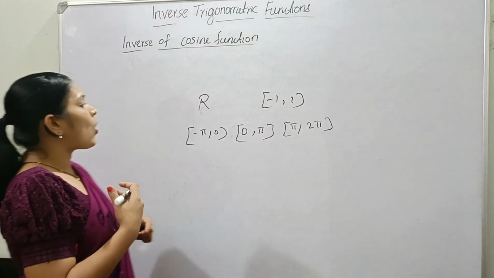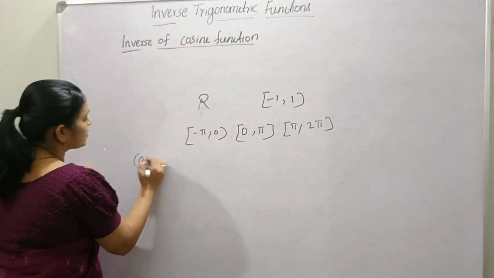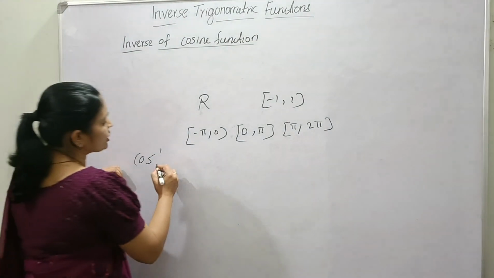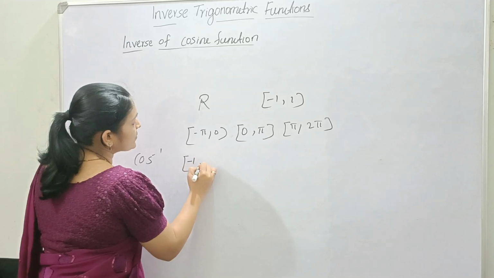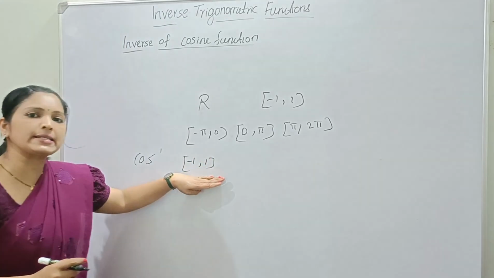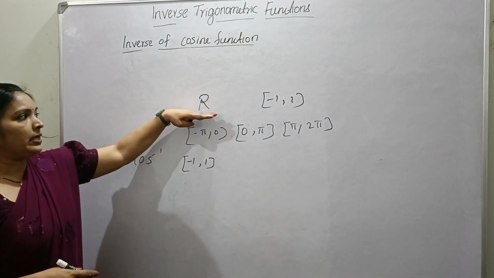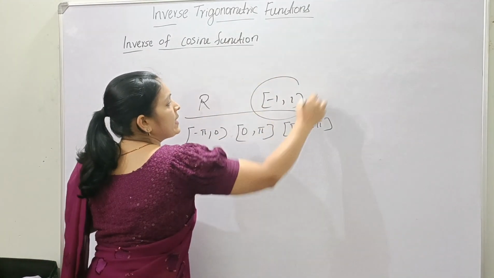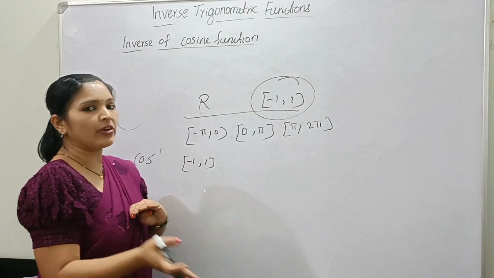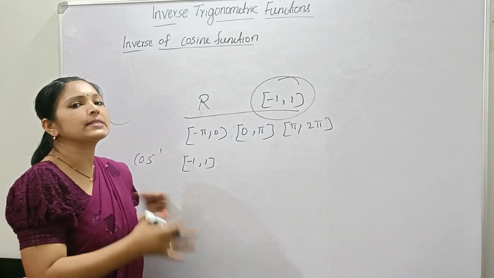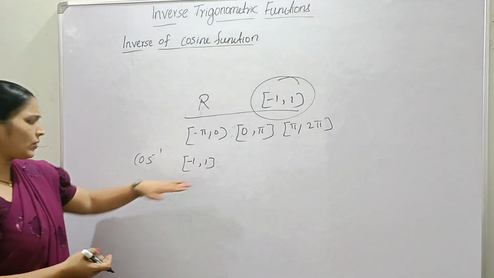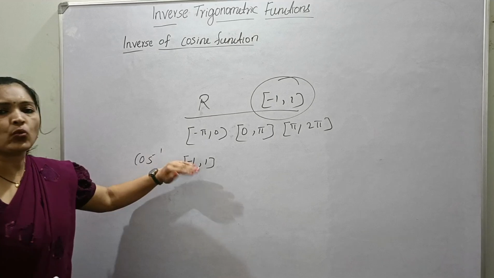That is, cos inverse is a function from minus 1 to 1. Now this is the domain; for the cosine function, it is the range. When we take the inverse function, it will be interchanged, right? So here the domain is minus 1 to 1.